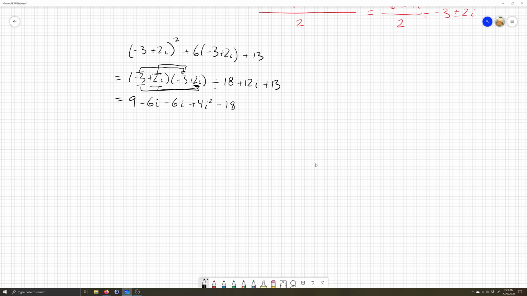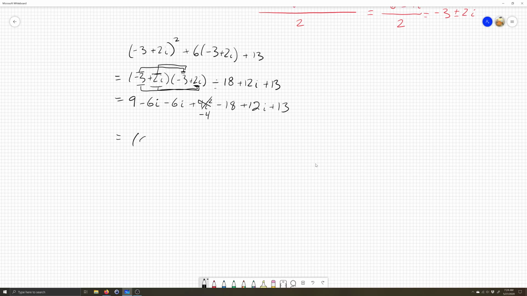Then minus 18, plus 12i, I should say, plus 13. And so the big thing that's happening here is this 4i squared is actually negative 4.